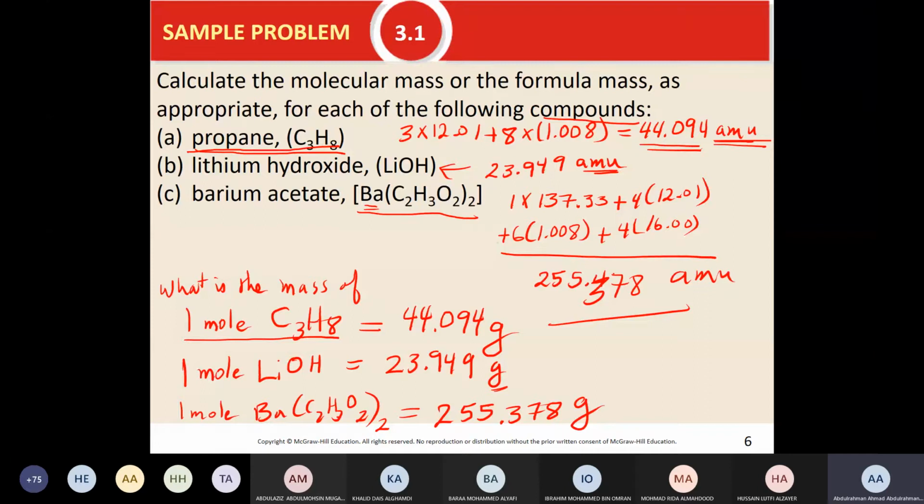I want you to keep this in mind and be very clear about it. Here, we're talking about how much? 1 molecule or 1 atom. Here, we talk about 1 mole of atoms or molecules. I hope this is clear.